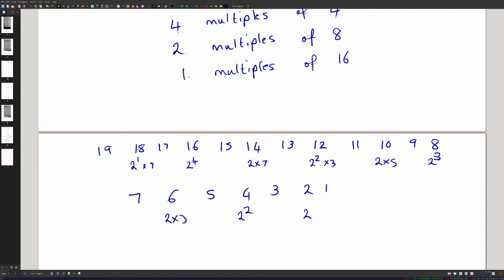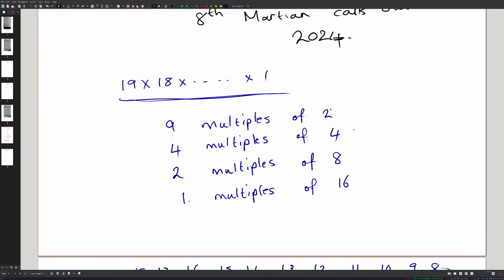And 2 is just 2 on its own. So here we've got 1 2, another 4 2s, so that's 5 in total, then 6, 8, 9, 12, 13, 15, 16.